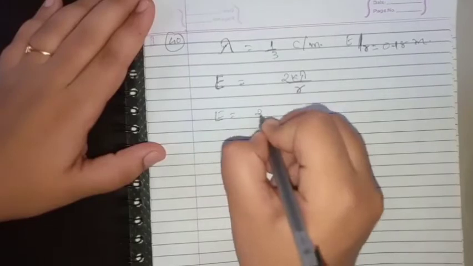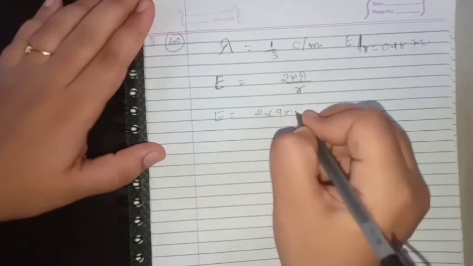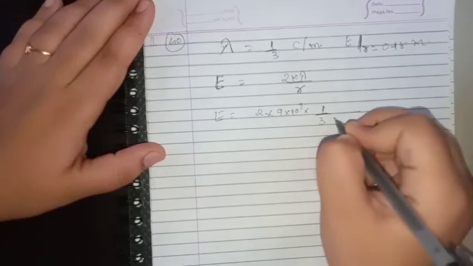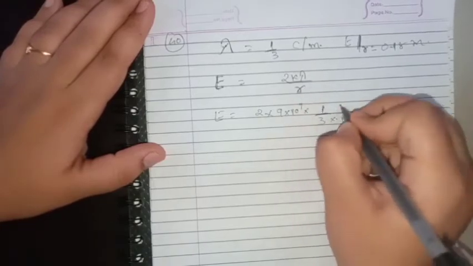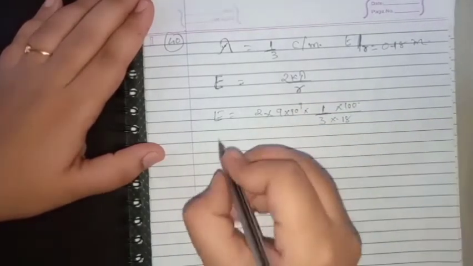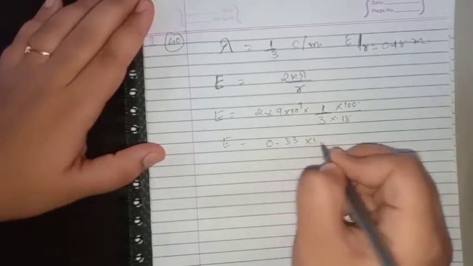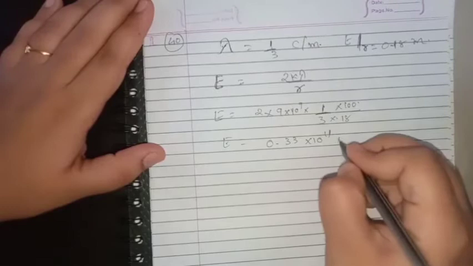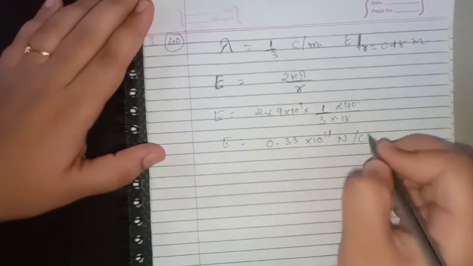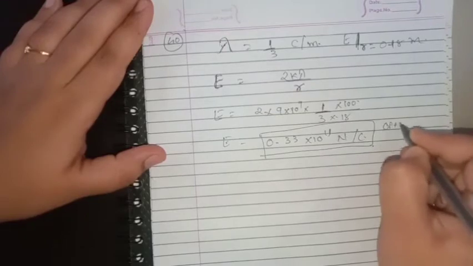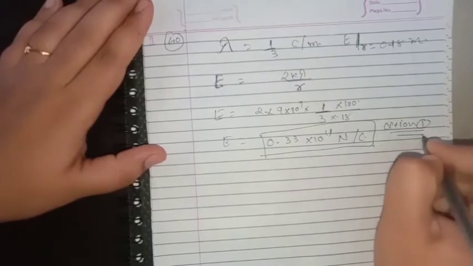So E will be 2, k is 9 into 10 power 9, lambda is given 1 by 3, and r is 18 centimeter, that is 18 by 100. Simplify this, we'll get answer 0.33 into 10 power 11 Newton per coulomb. So option 1 is the correct option.